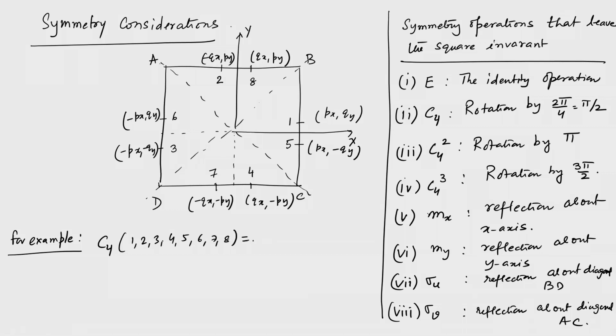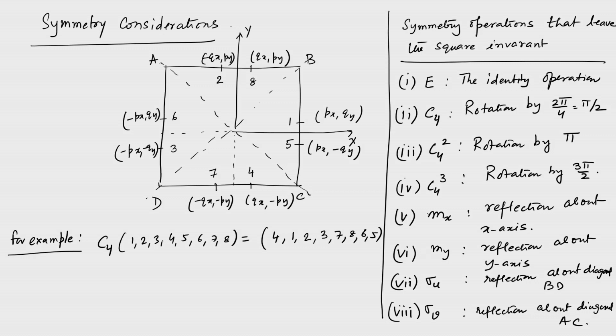If you apply the C4 operation, then 1 becomes 4, and then 2 becomes 1, and then it becomes 2, and then it becomes 3, and then it becomes 7, then it becomes 8, and then it becomes 6, and then it becomes 5. And then you can work out what happens when you apply a C4 squared or a C4 cubed or mx, my, or sigma u or sigma v. So, these are the symmetry operations which leave the square unchanged.